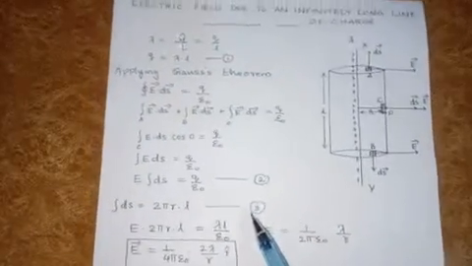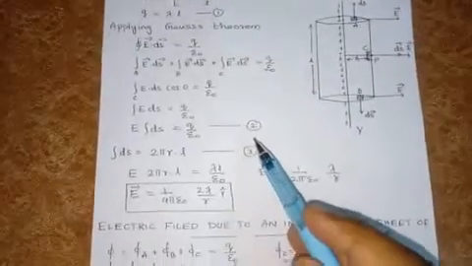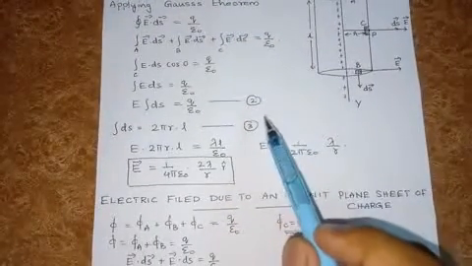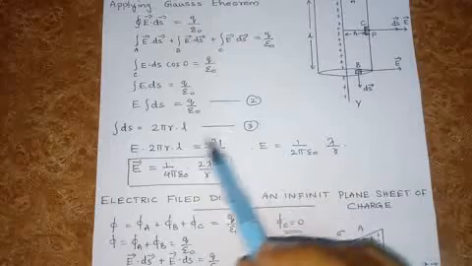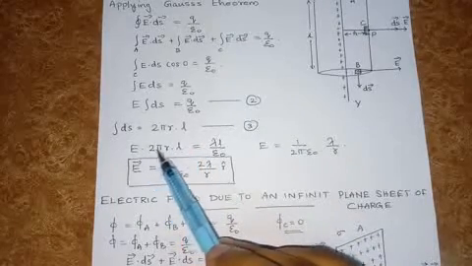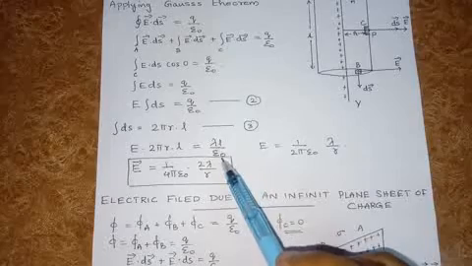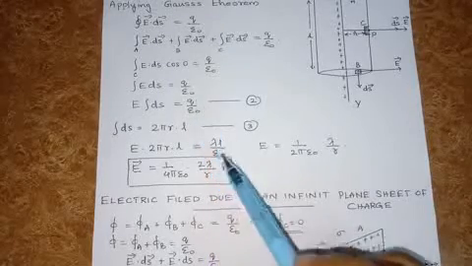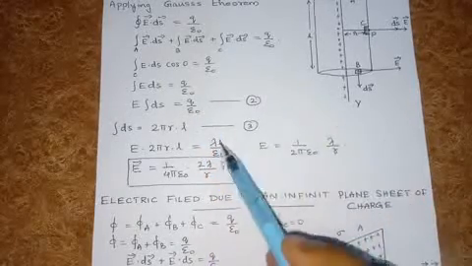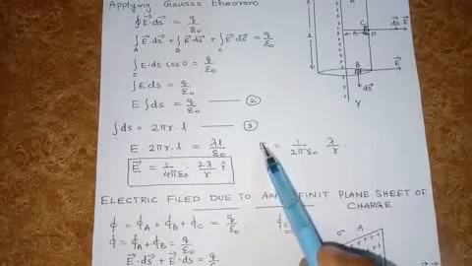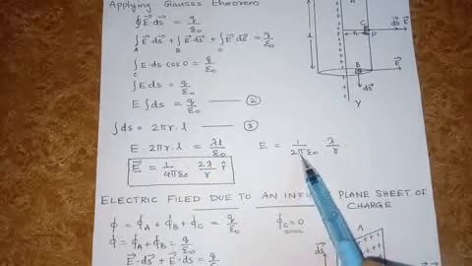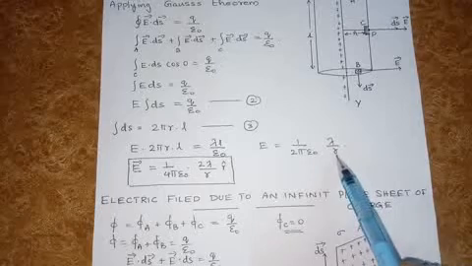Now I have to substitute equation number 1 and equation number 3 in equation number 2. When I substitute, I get E into 2 pi r L is equal to lambda L by epsilon 0, because instead of Q I substitute Q equal to lambda L. So L and L cancel. What remains? E is equal to 1 by 2 pi epsilon 0 into lambda by r.